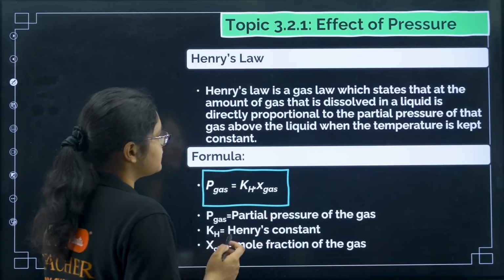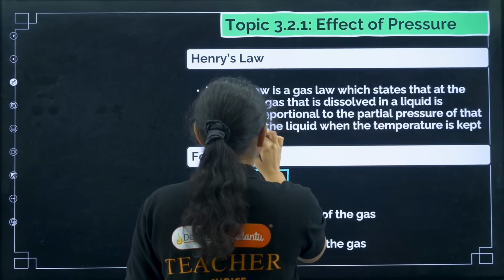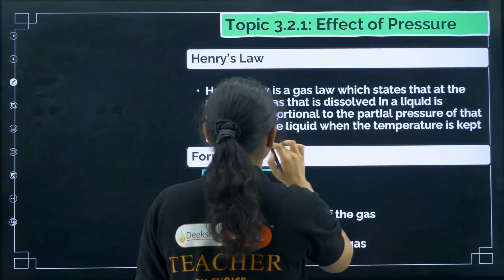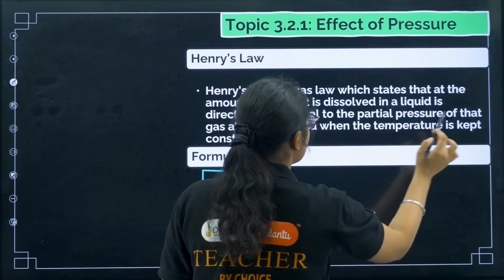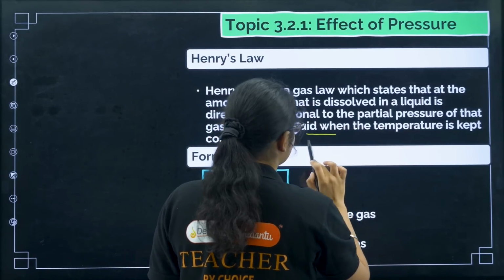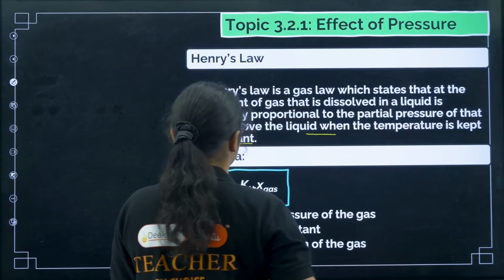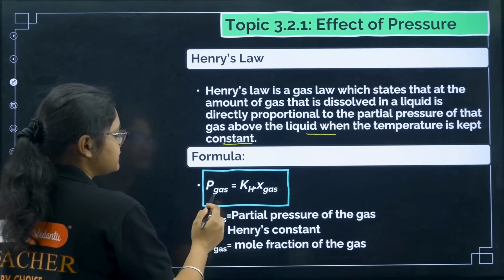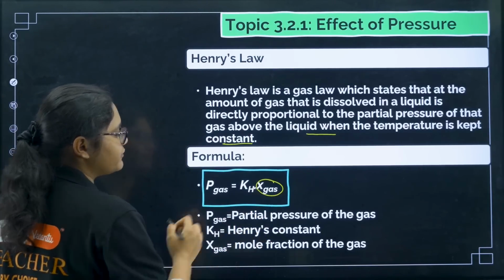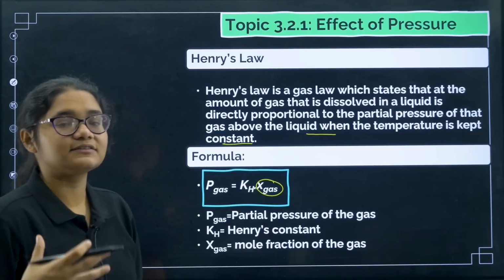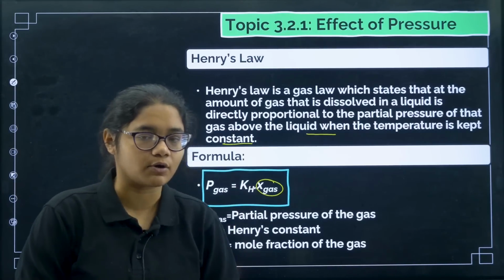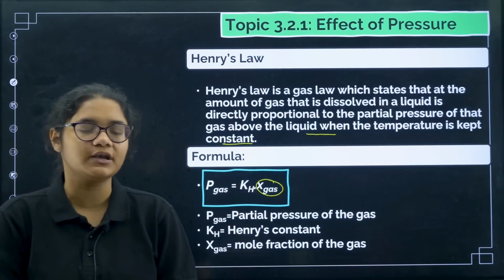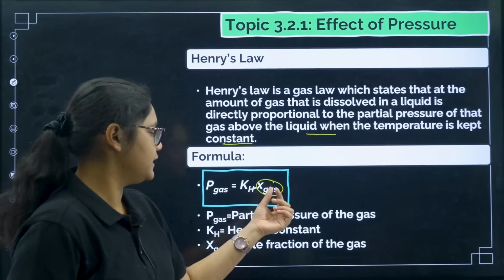Henry's law is a gas law which states that the amount of gas that is dissolved in a liquid is directly proportional to the partial pressure of the gas above the liquid when the temperature is kept constant. Now the formula of this one: X of the gas, the mole fraction of the gas, is represented as solubility. So we have used the concentration term mole fraction to represent solubility in this case.